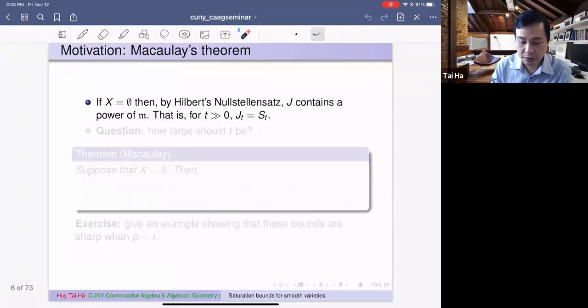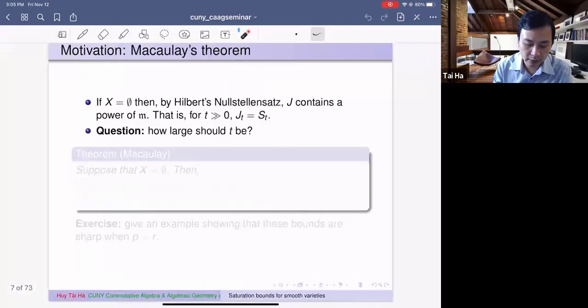Okay, so the first motivation for our problem comes from an old theorem of Macaulay. Basically, when the variety that we start with is empty, in other words, the ideal J is primary to the irrelevant ideal, then we all know that starting from high enough degrees, this ideal is going to agree with the polynomial ring.